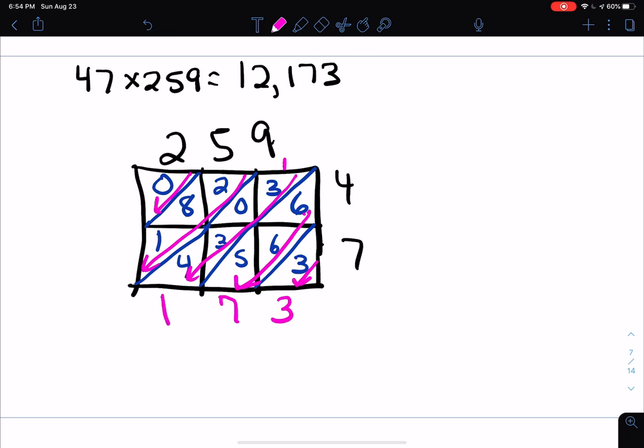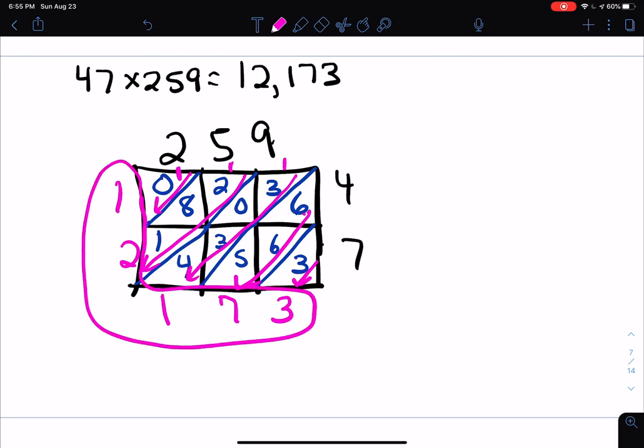So we write a 1, carry the 1. 1 plus 2 plus 8 plus 1 is 12. So we write a 2, carry the 1. 1 plus 0 is 1. So these numbers here make up your answer, 12,173.